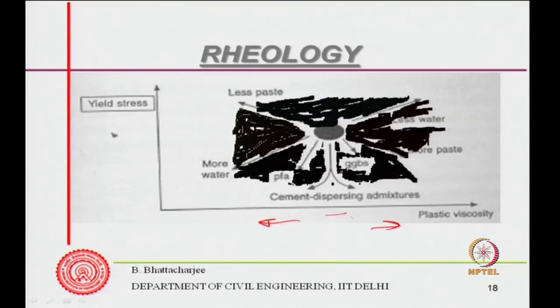If I add admixtures, plastic viscosity can increase or decrease, but yield shear stress definitely decreases. If I add a plasticizer or water reducing agent, some of them will increase the plastic viscosity, some will reduce it, but they definitely reduce the yield stress. This is the plastic viscosity.